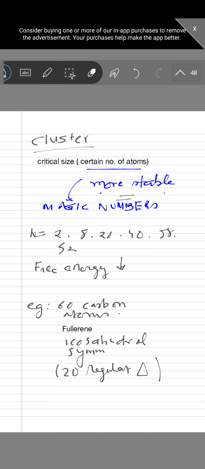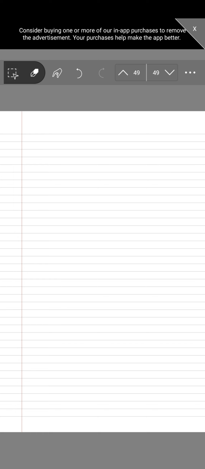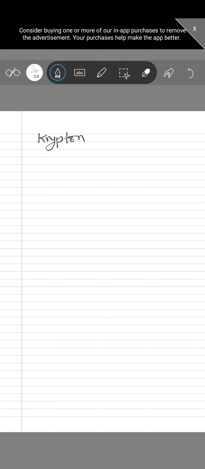Another good example of a cluster is krypton, in the noble gas group of the periodic table.